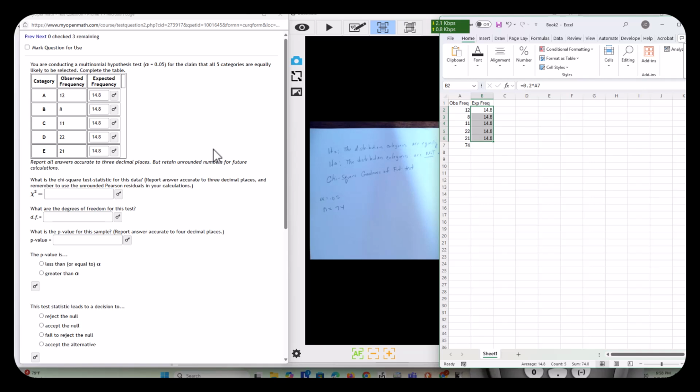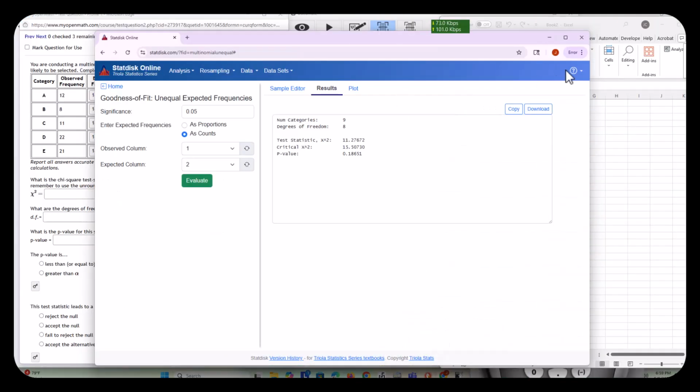Just looking at it, these numbers are low. It takes into account a lot of stuff. So let me bring up StatDisk.